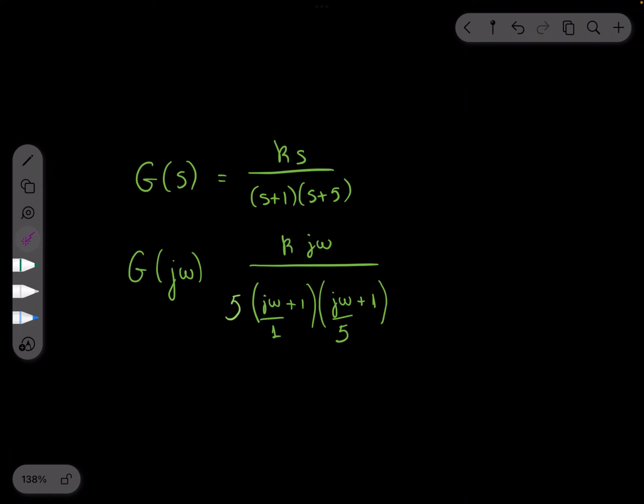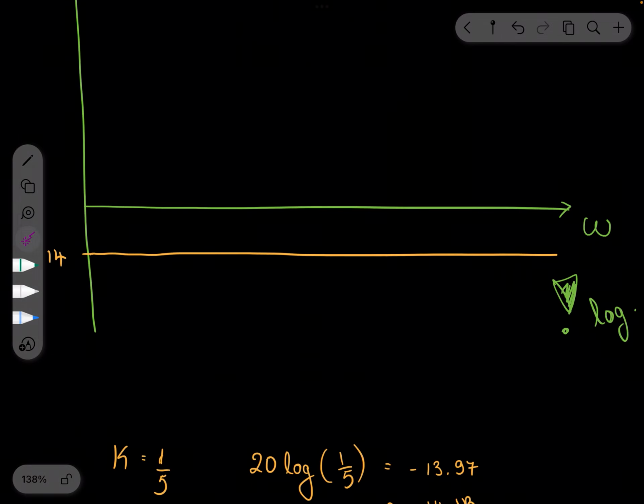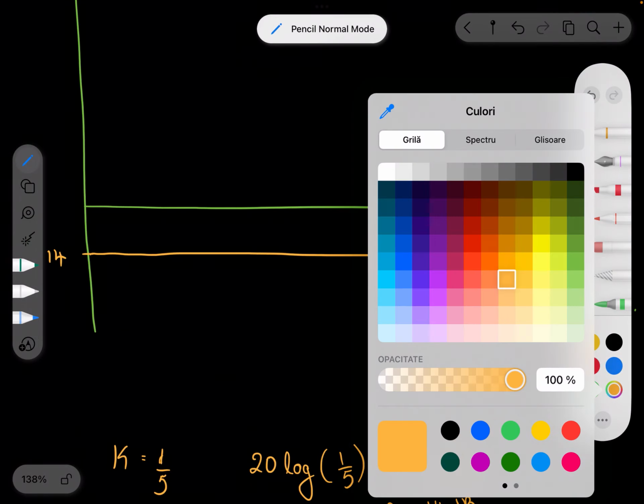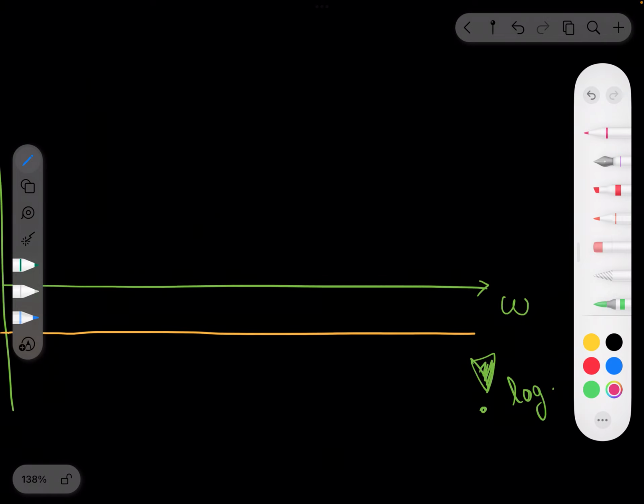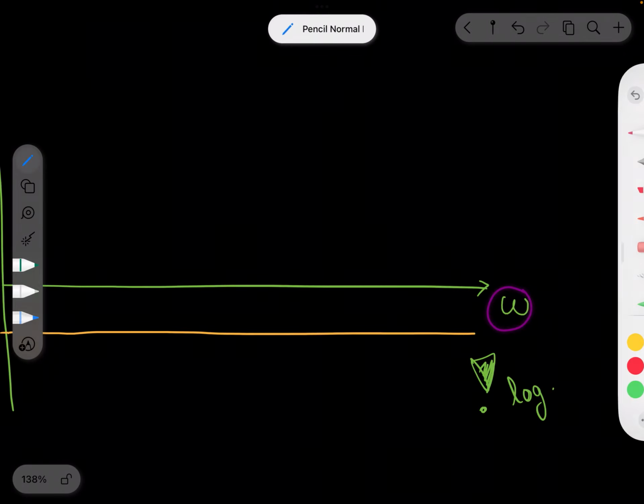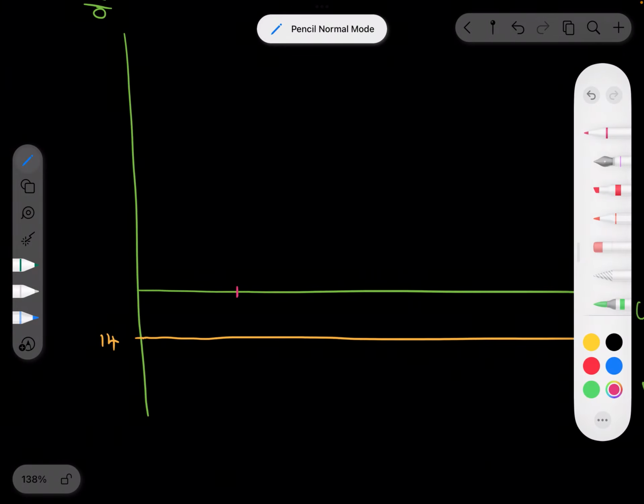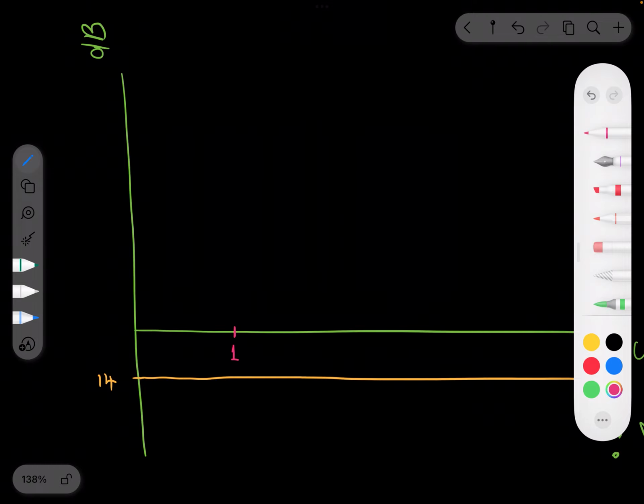When you have a 0, so something on the numerator, an S, or a pole, so an S on the denominator, what these two would have in common is the fact that they cross through at 1 on the frequency scale. So they cross through at 1, any value of pole or 0 you have on there.